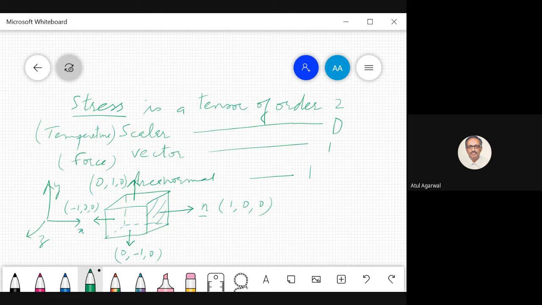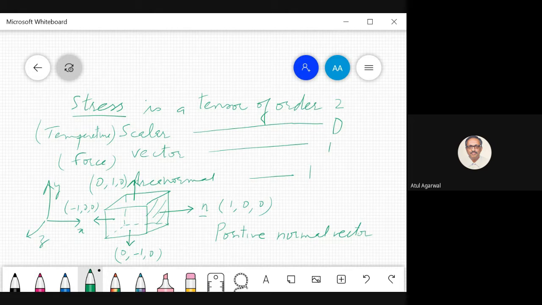So this is called a positive normal vector. You see, its component is towards the positive x direction. This normal vector is pointing towards the positive x direction. This normal vector is pointing towards the negative x direction.